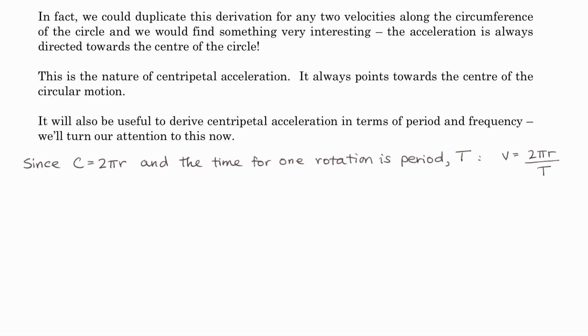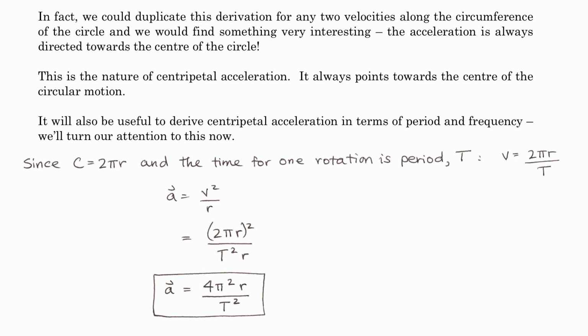And so we can say the velocity of one full rotation, which is of course constant, is 2 pi r over T. And we can substitute in for our expression for centripetal acceleration, which is v squared over r. And there we've made the substitution.